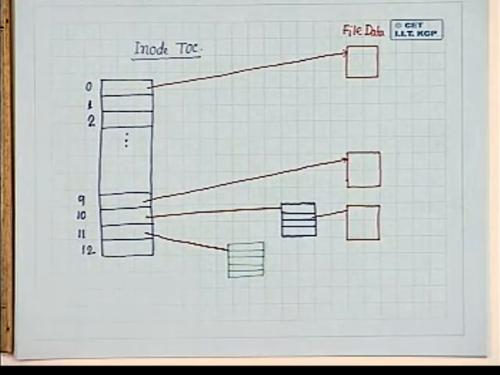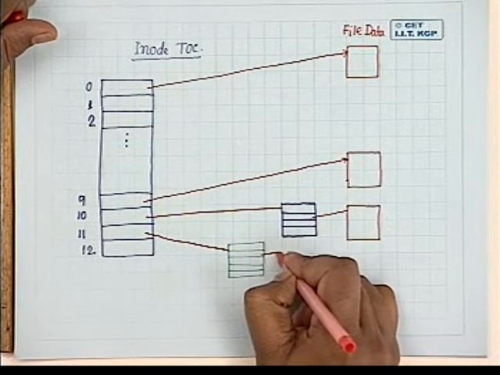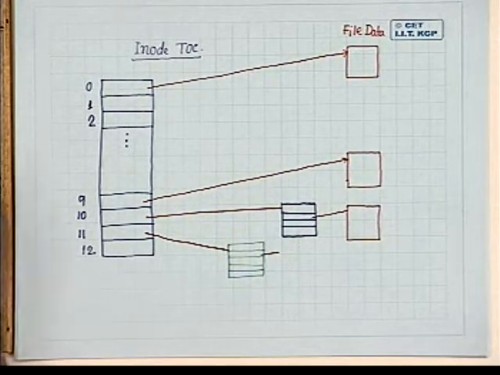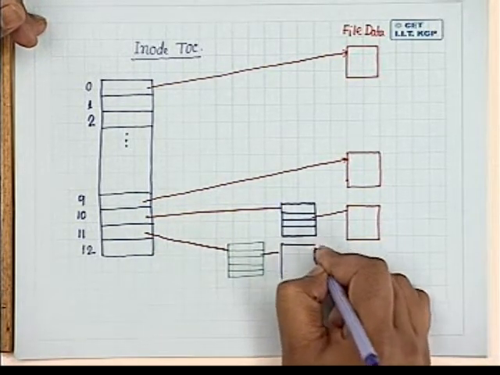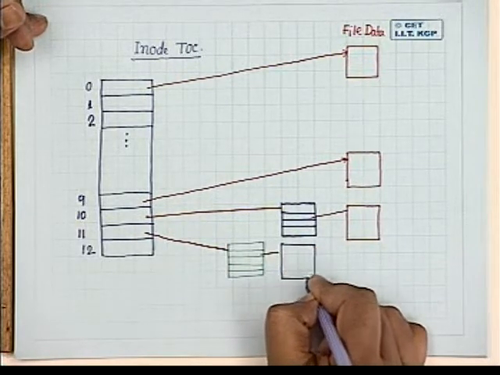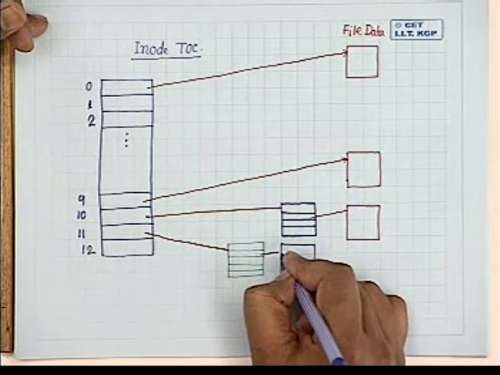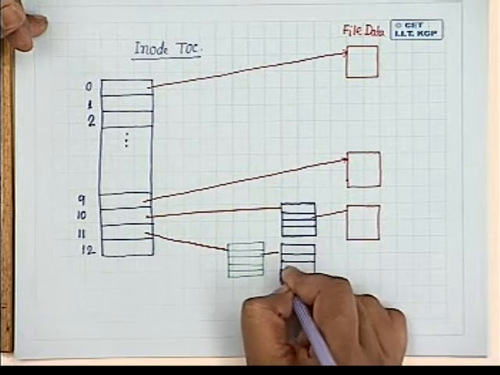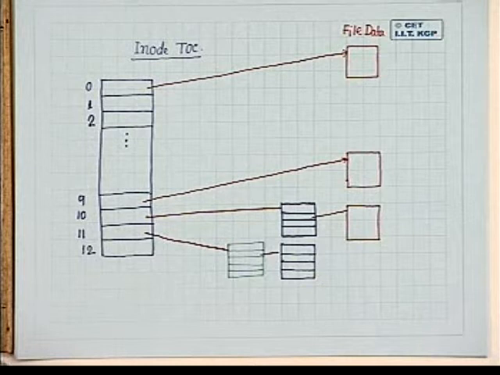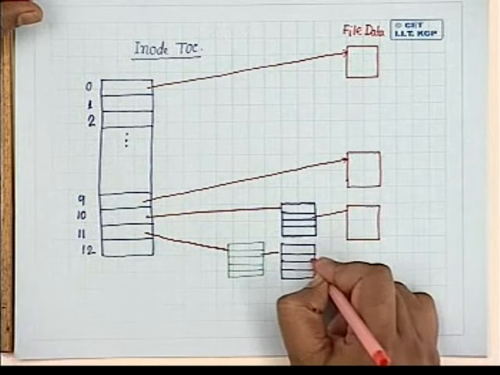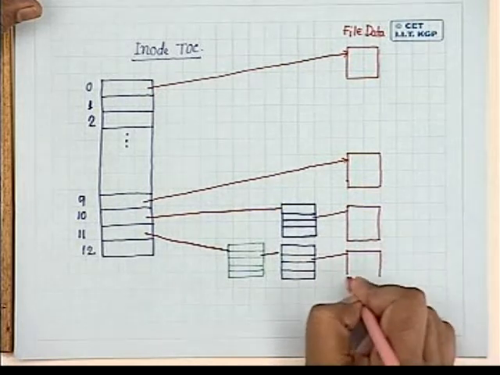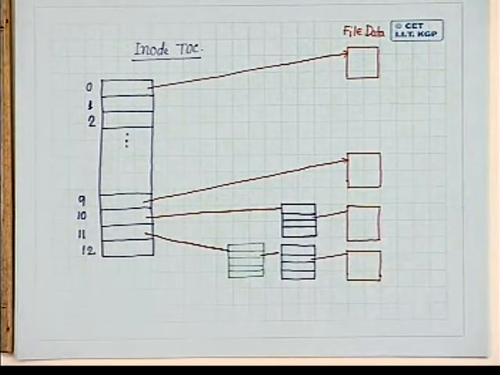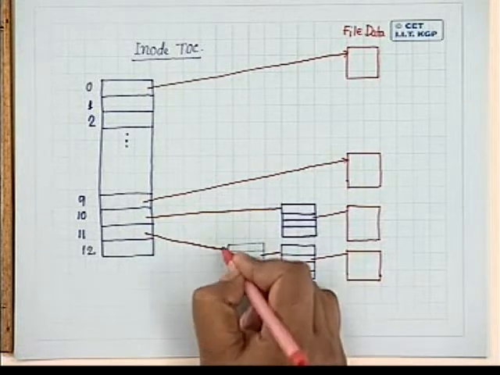Each of these pointers point to a block which again contains a number of pointers. Pointers means addresses, and in this case these are disk block addresses. Okay. And these pointers in the second level, they point to blocks, they contain addresses of blocks which contain the file data.